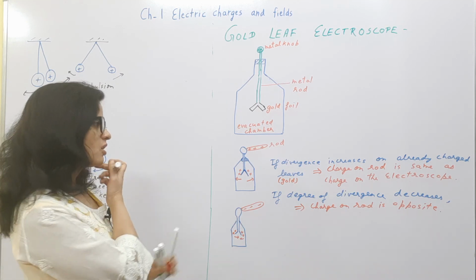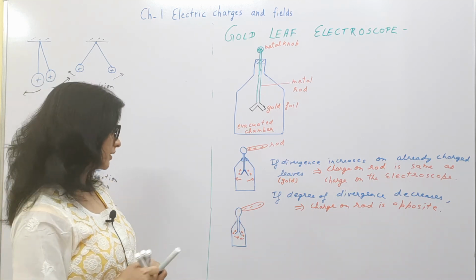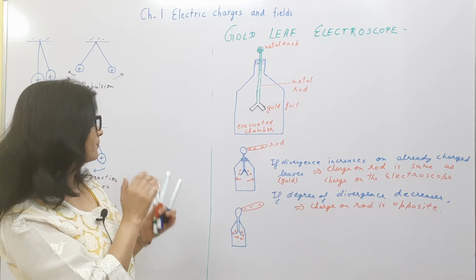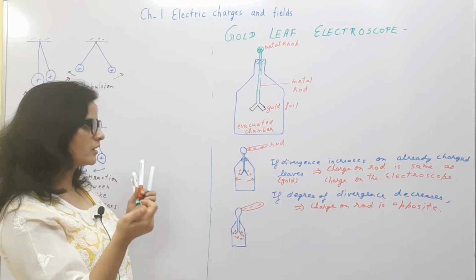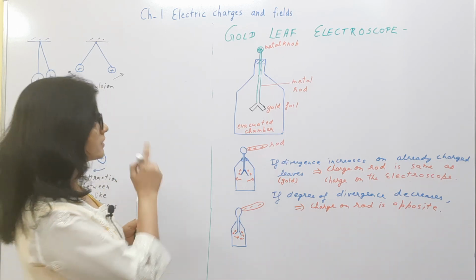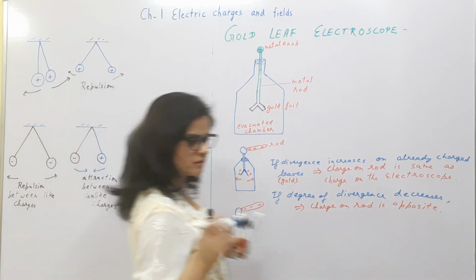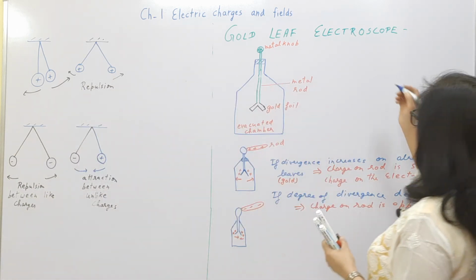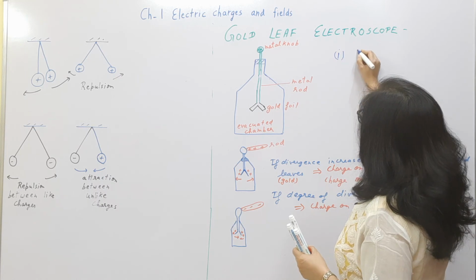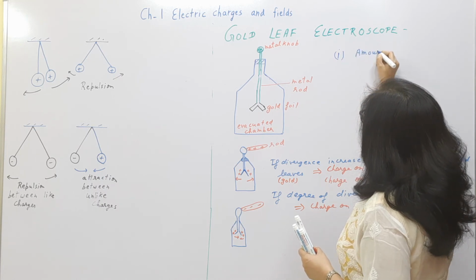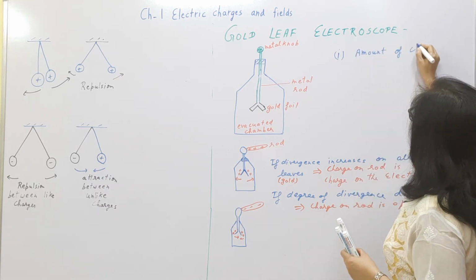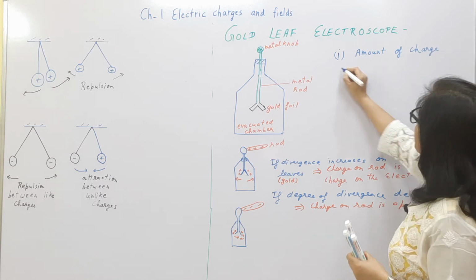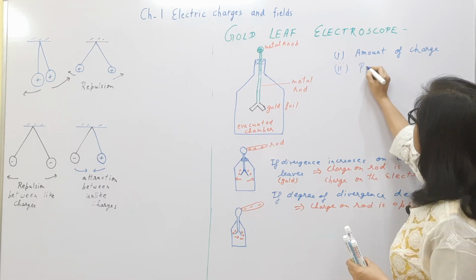So this shows opposite charge on the rod, right? And if the divergence is more, then more charge is there. So what does it tell us? The structure is very much clear directly. It tells us the amount of charge and the polarity of charge.